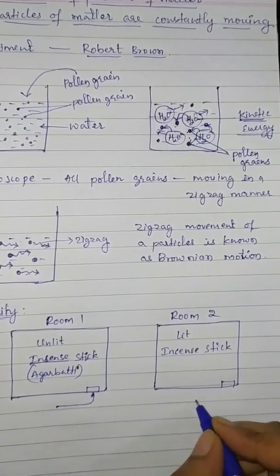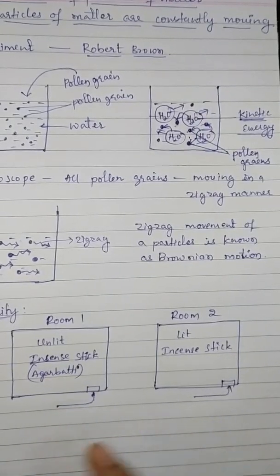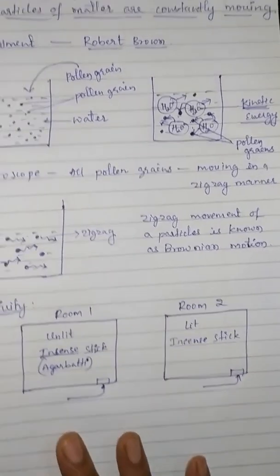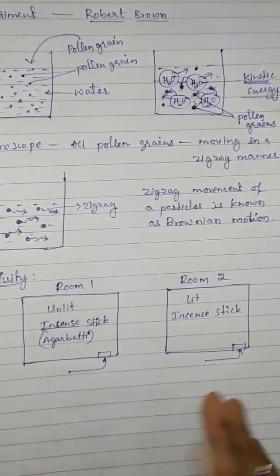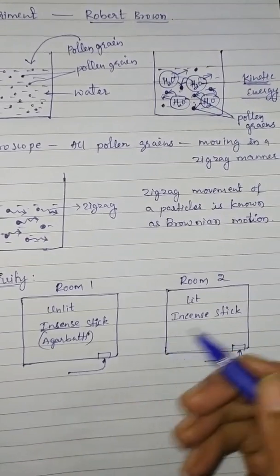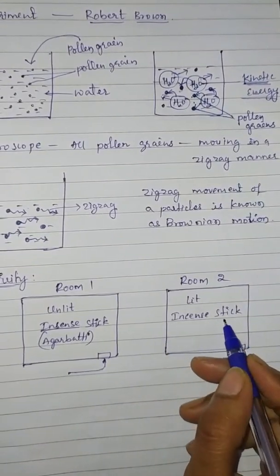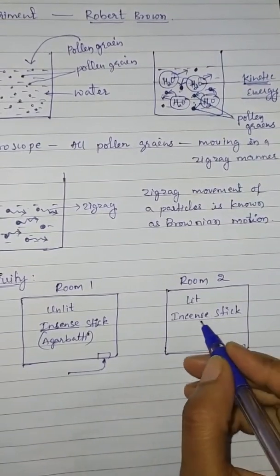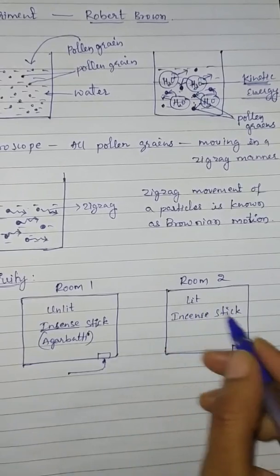Okay, but when I enter this second room, here in the second room we have kept a lit incense stick. As a result, smoke of the incense stick is spread throughout the room.